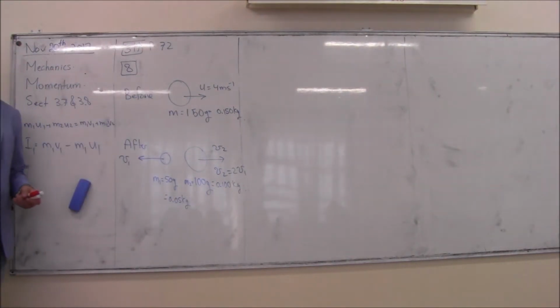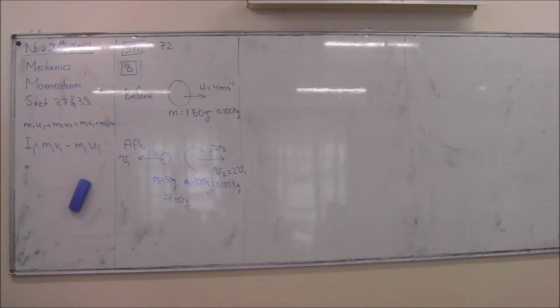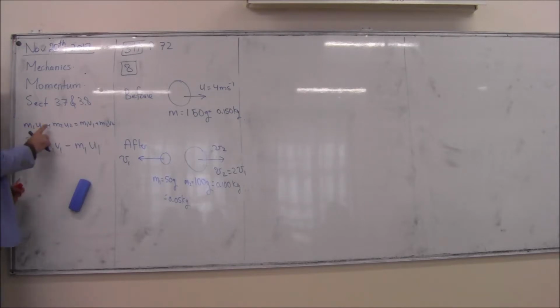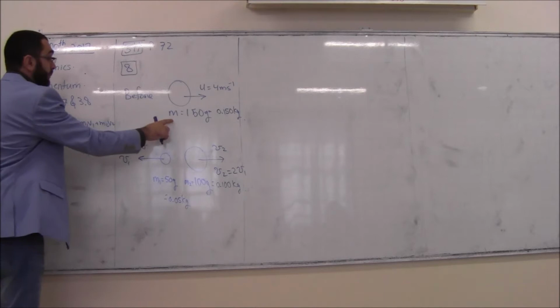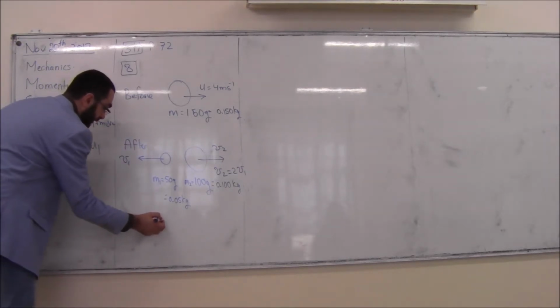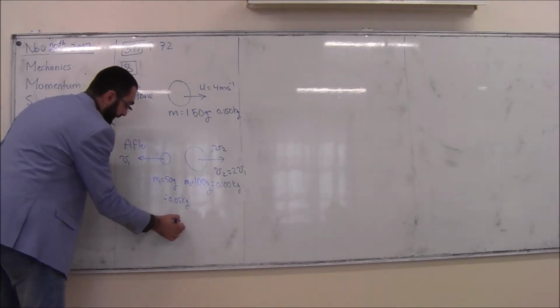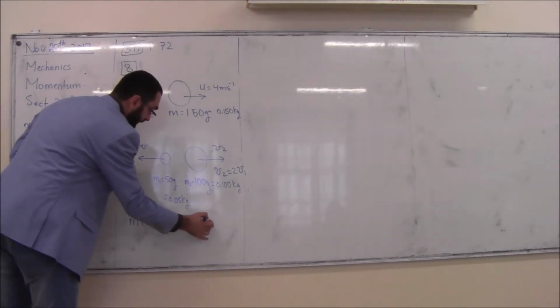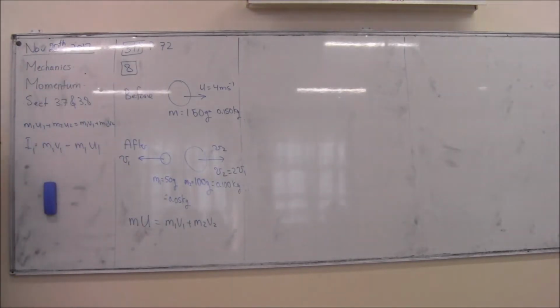If we did not convert them, it's also the same thing. Which equation should I use? This one. But we don't have U2. M times U equals M1 V1 plus M2 V2. This is the law of conservation of momentum.